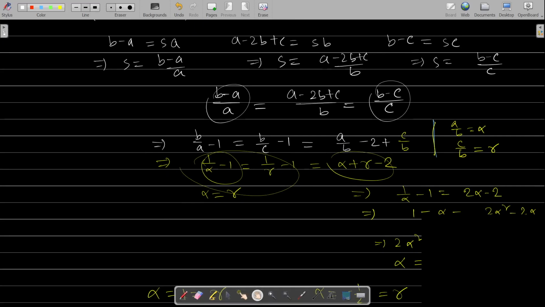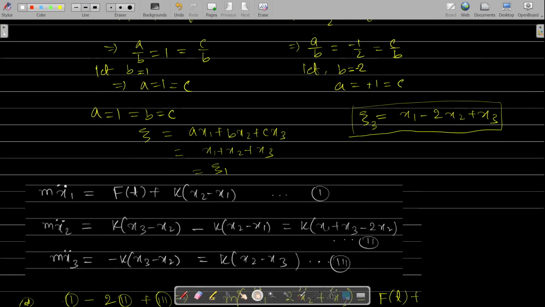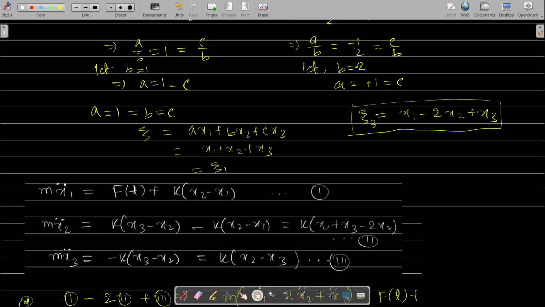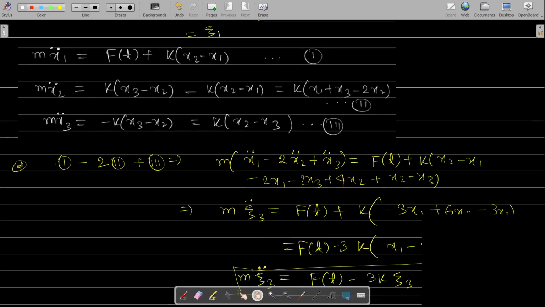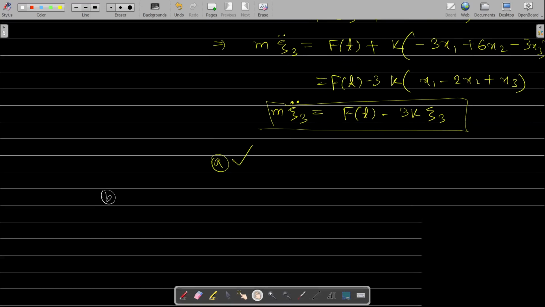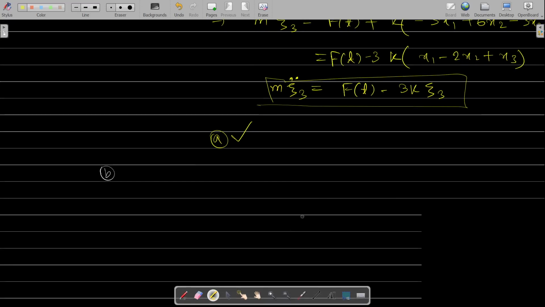That's really easy, and we actually found the answer to question B while doing question A. So for xi3 we have this equation.